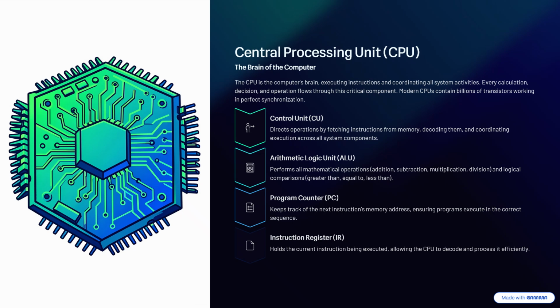After that, the instruction register, IR. While the program counter points to the next step, the instruction register holds the current instruction being worked on. It holds the piece of data steady so that the CPU can decode and process it instantly.